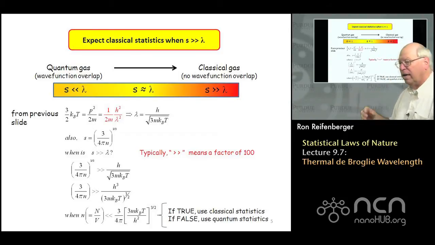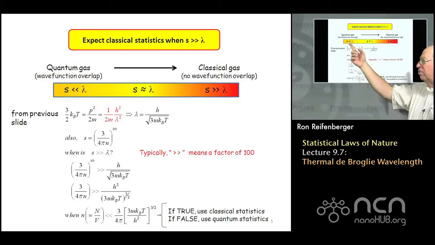And so you have these different regimes, right? When the interparticle separation is much, much smaller than the de Broglie wavelength, you've got wave function overlap. The particles become indistinguishable. You have to use quantum statistics.